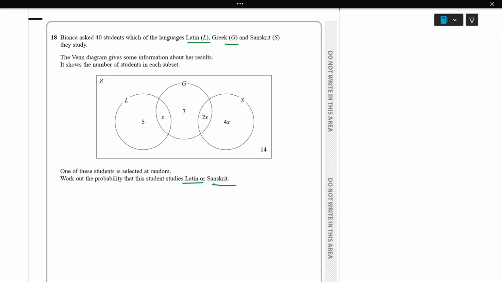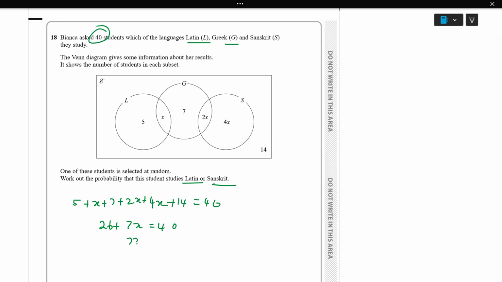Okay, first there are 40 students, so when we add up all the values we get 40. So we'll find x then. 5 plus x plus 7 plus 2x plus 4x plus 14 equals 40. So 5 plus 7 is 12, 12 plus 14 is 26, plus 7x equals 40.